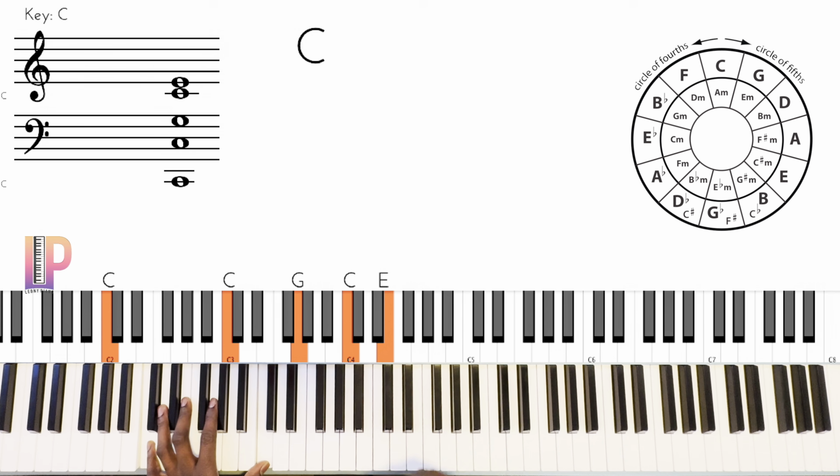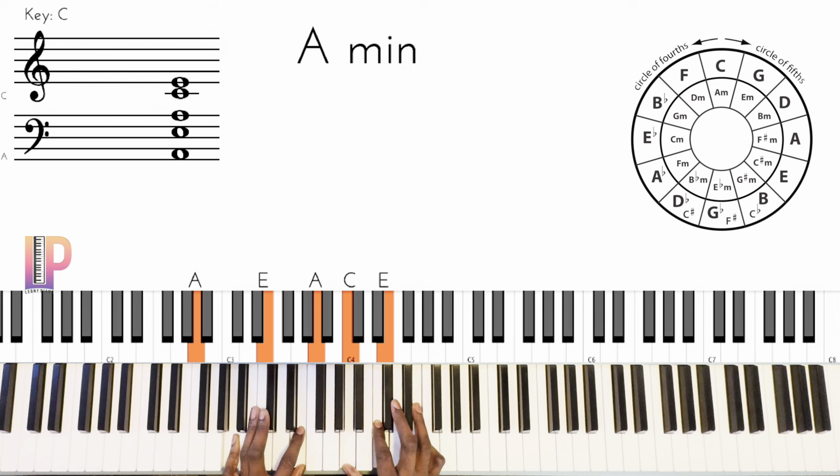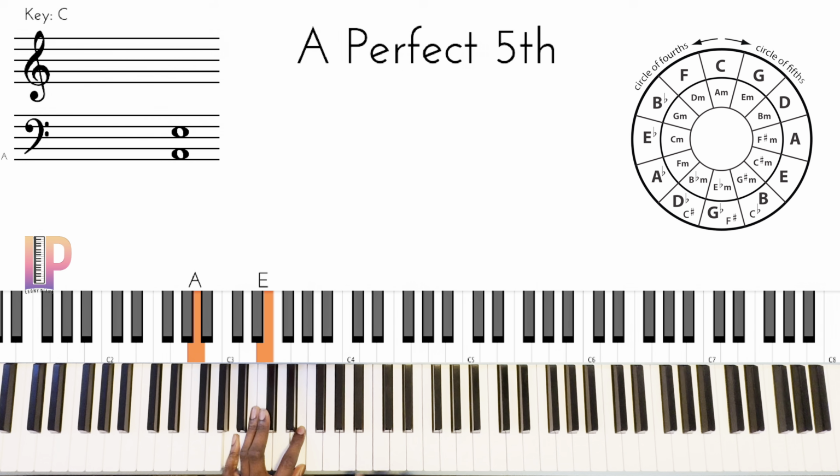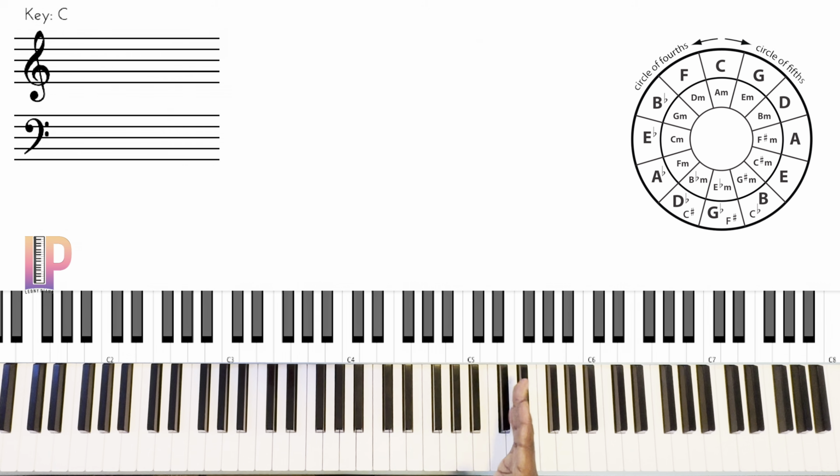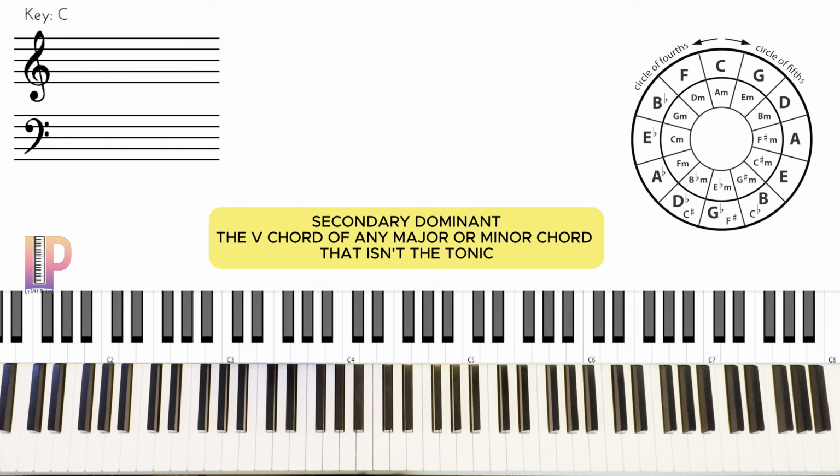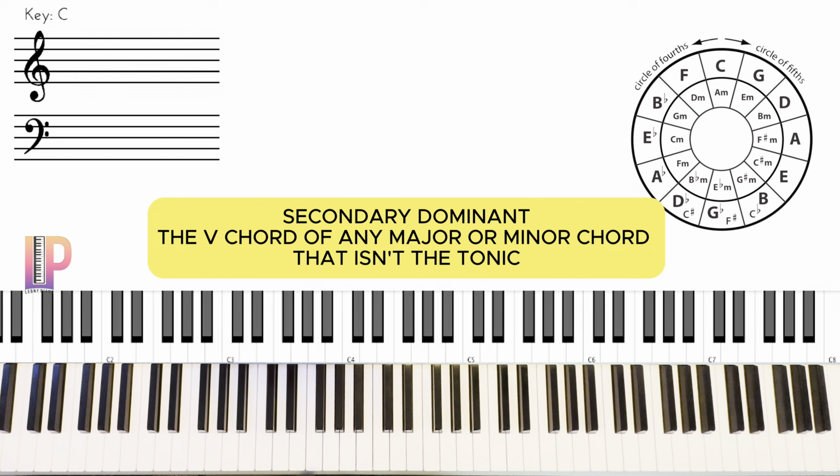I want to go to the key of A flat. But before going to that key, I can play a secondary dominant that leads me to the A flat. So a secondary dominant is formed on the 5th degree of that destination key.